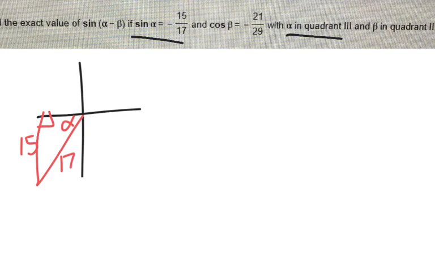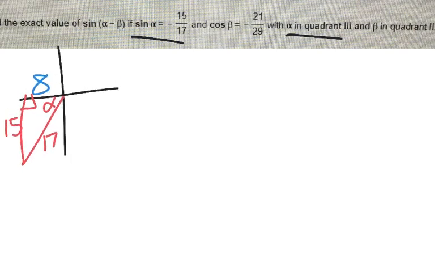So you could find that missing side of the right triangle using the Pythagorean theorem. Or this is a Pythagorean triple. This is an 8, 15, 17 special right triangle. Either way, there's my triangle for alpha.